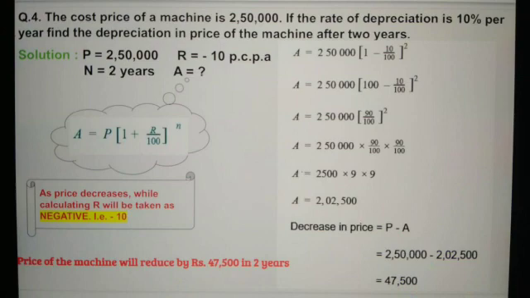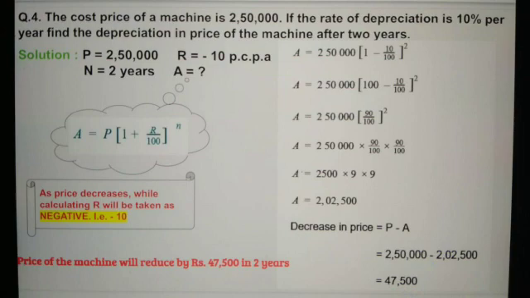So can you tell me what is P here? 2,50,000. Rate is 10%, number of years is 2 years. You are going to find out the amount. So amount is equal to, first you write your formula as it is. A = P(1 + R/100)^N.